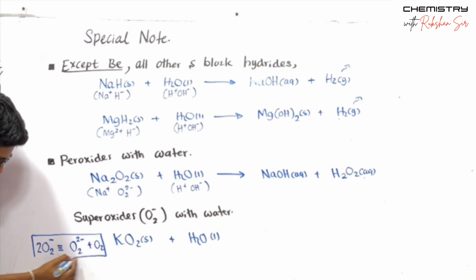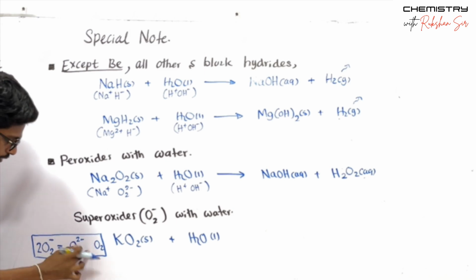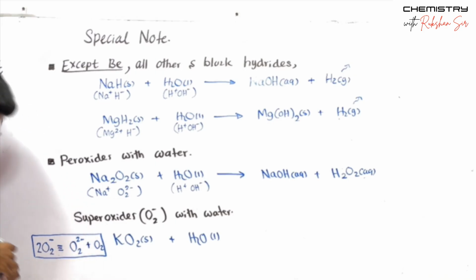We can view the superoxide like this: 2 of O2 minus superoxide is equal to peroxide plus O2 gas. So this is mass conserved as well as charge conserved. You have 4 oxygen atoms here, 4 oxygen atoms, and the charge minus 2, minus 2.